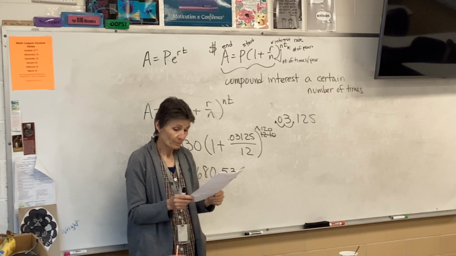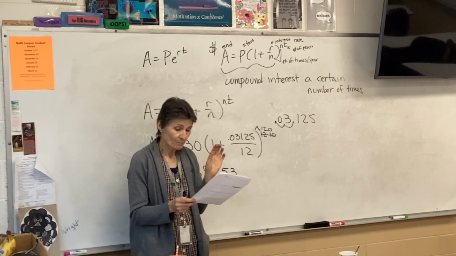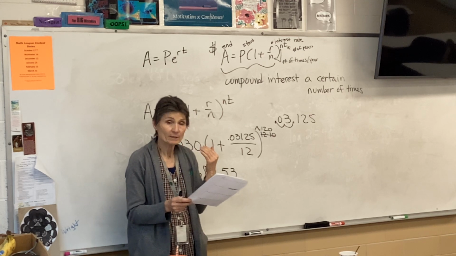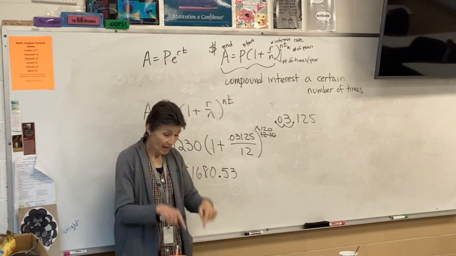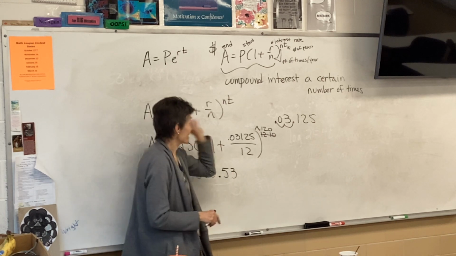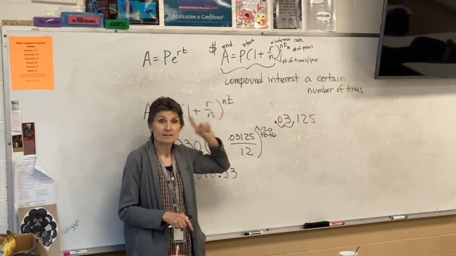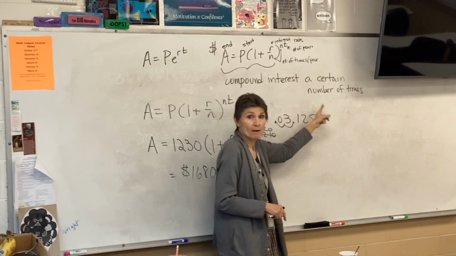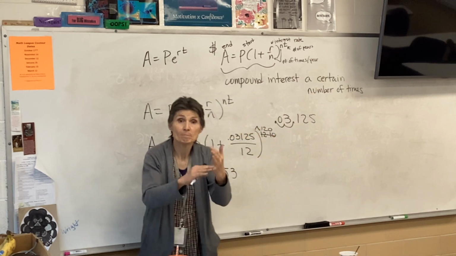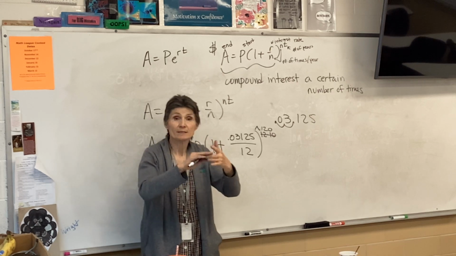Number 4, how much money do I need to deposit at 4% compounded continuously? Wait a minute. Again, that problem, number 4, is not this formula. Because this formula is compounded a certain number of times. So compounded monthly, compounded quarterly, compounded daily.